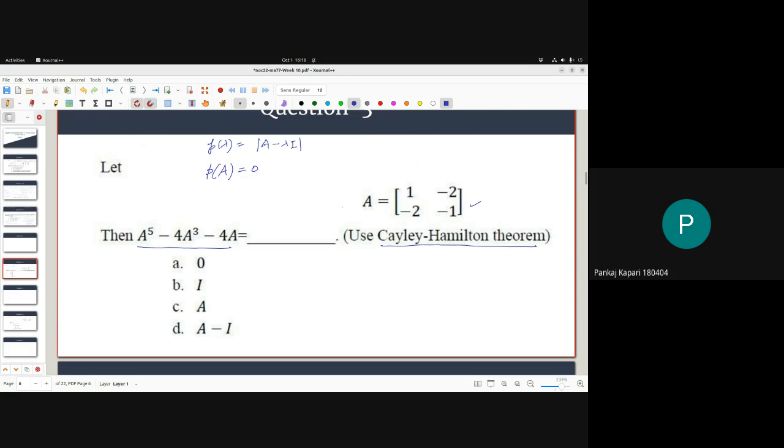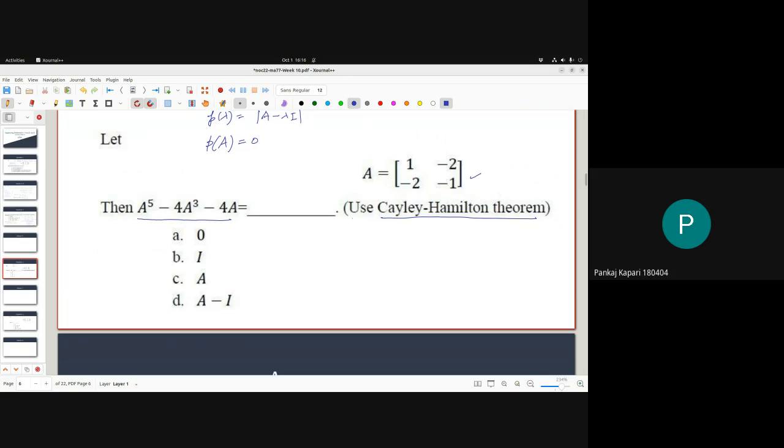For this problem, we will use the Cayley-Hamilton theorem, and first we will find the characteristic polynomial. Let's denote it by P_A of lambda. It must be the determinant of the matrix A minus lambda times identity. If you write that matrix, it will be 1 minus lambda, minus 2, minus 2, and minus 1 minus lambda.